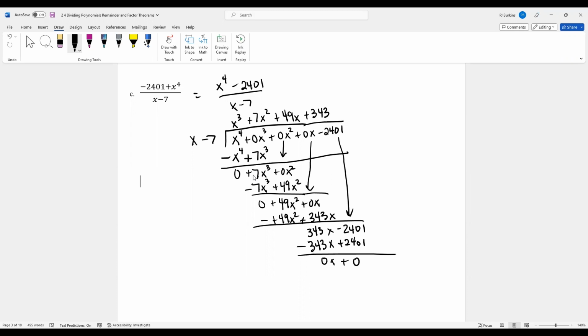That means we have no remainder. And so our solution is x cubed plus 7x squared plus 49x plus 343. And just so we know, this times x minus 7 results in the numerator here. Okay, so that's how we go about doing long division.